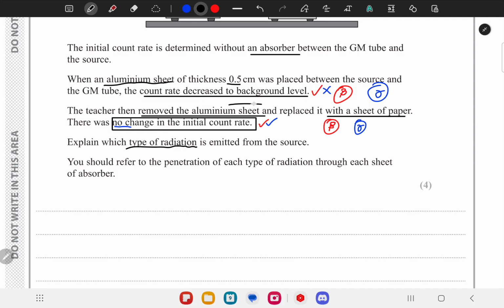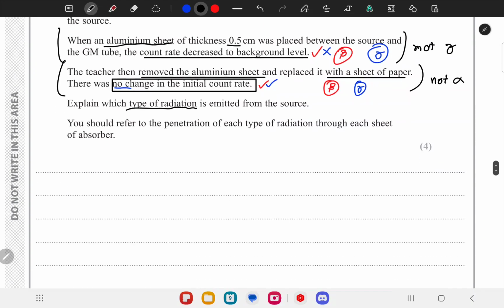So from this information in this paragraph, we know that this is not alpha, and from this information we know that this is not gamma, so it must be beta.